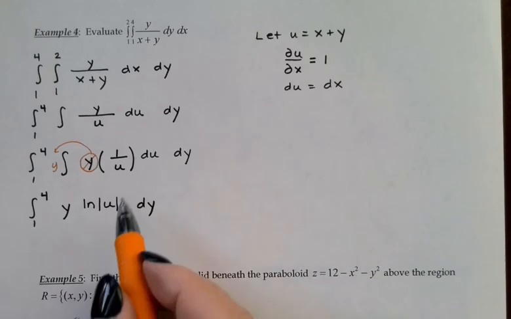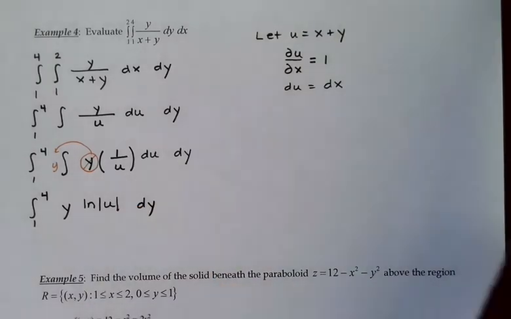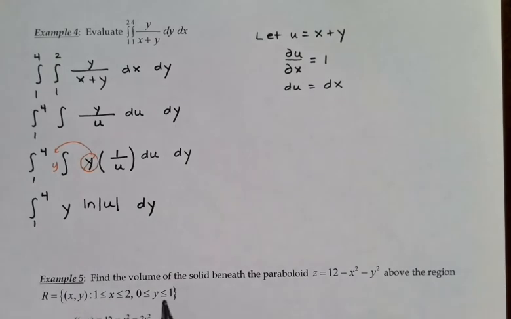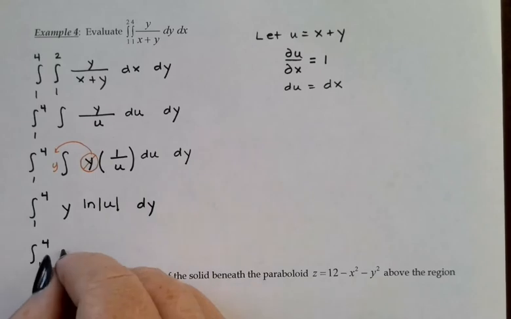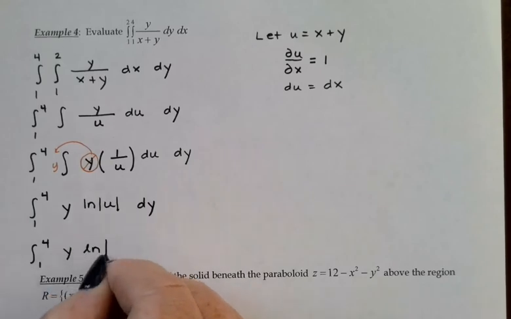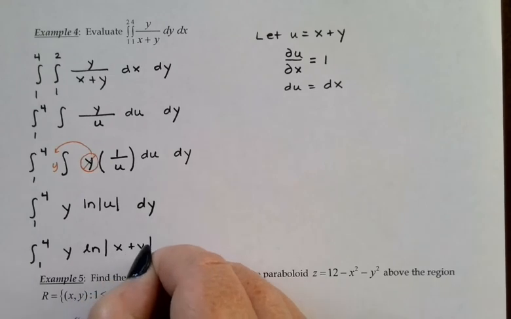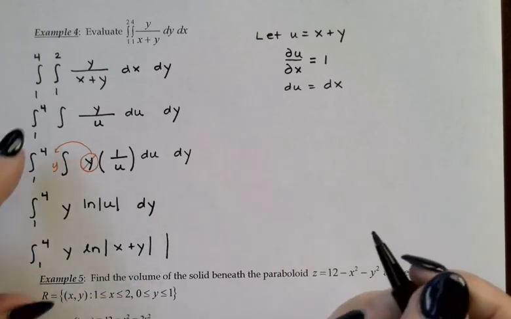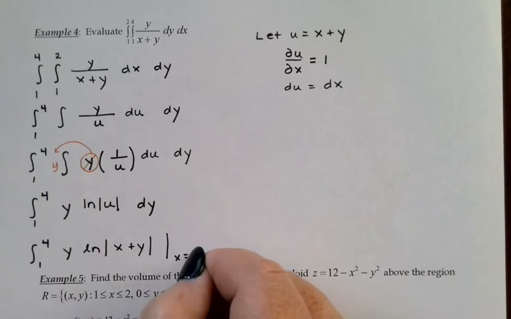And if that makes that integral look better to you, certainly feel free to do that. All right, so I have the integral from 1 to 4 of y times the natural log of, and I'll replace the u with the x plus y. My x values went from x equals 1 to x equals 2.